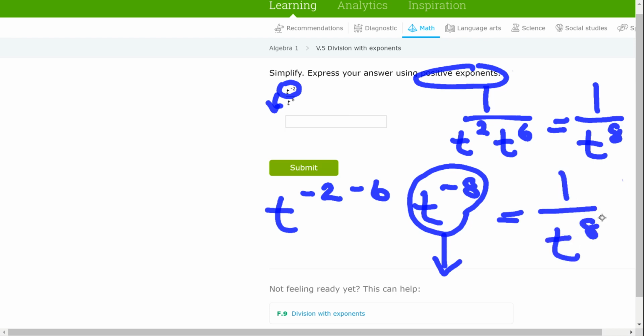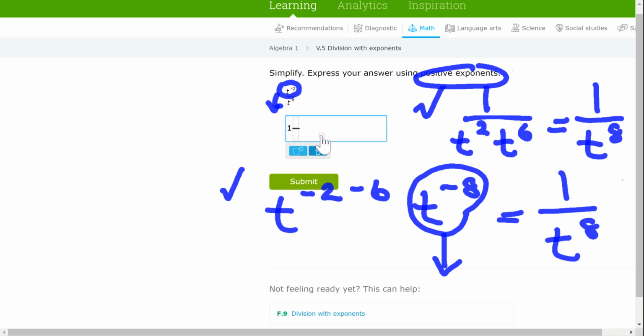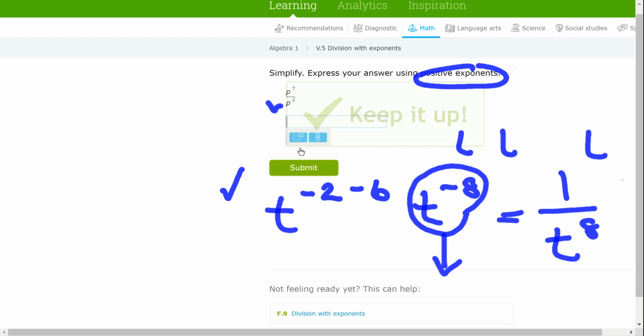And if you notice, the first way gets you the second way's answer. So if we put this into the IXL, put 1 in the numerator because something has to stay there, and t in the denominator raised to a positive 8, we should be good.